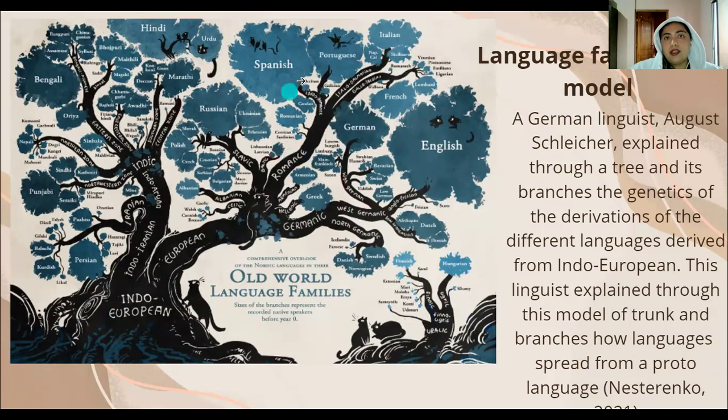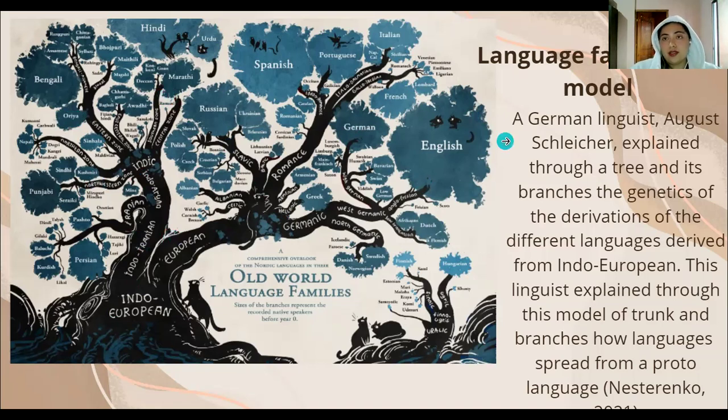Then we have Spanish, Portuguese, French, and more. Then we have Slavic, Russian. Then we have Germanic, English, that we are studying. Then in Indo-Iranian, Indic, and these languages, Persian.